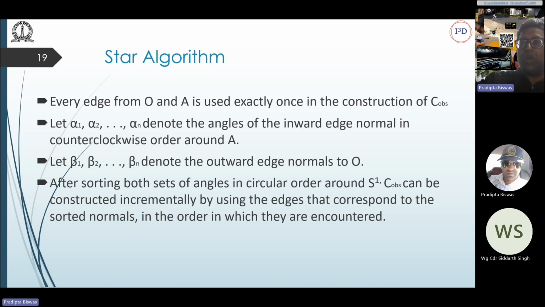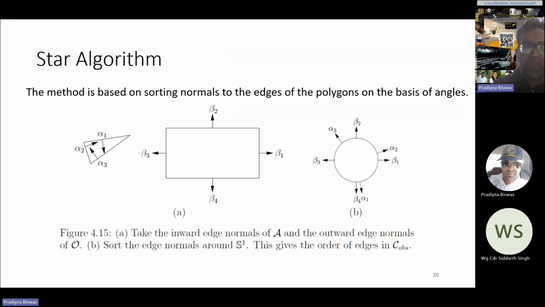Then we will order these normals based on their angle, because we are going in the counterclockwise direction like this. We will consider these normals one by one, and each normal will constitute one half plane, which will define the obstacle. Let me show you with an example. In the subsequent example, we will use this triangular robot.